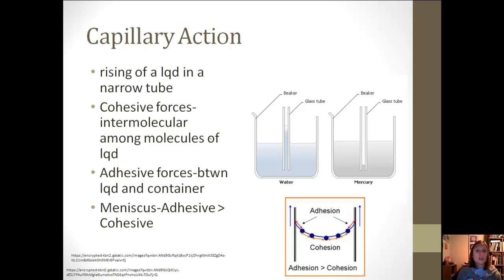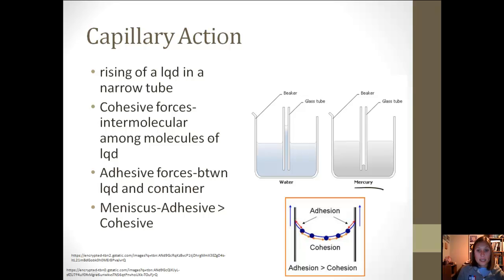The first type is a cohesive force. This involves intermolecular forces among the molecules of the liquid. So whether it's water or, in this case, mercury, the cohesive force is the intermolecular forces of that liquid. The other force at play here is the adhesive force, and this is between the liquid and the container, whether it be a glass beaker, a plastic container, whatever you're holding your liquid in.